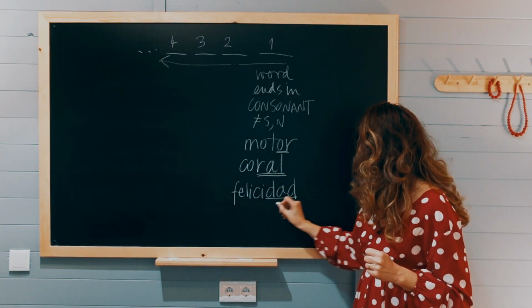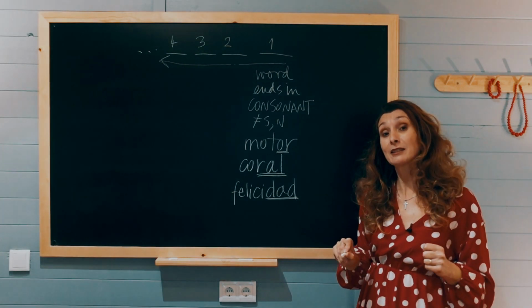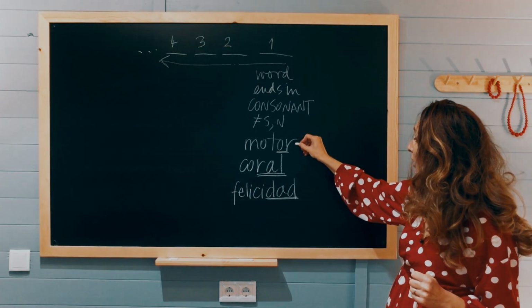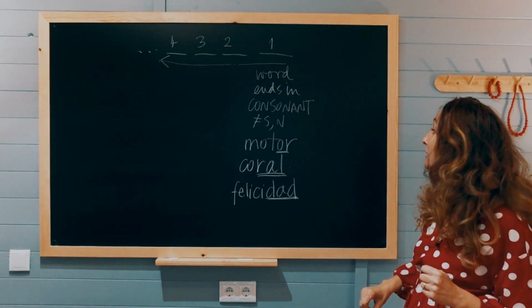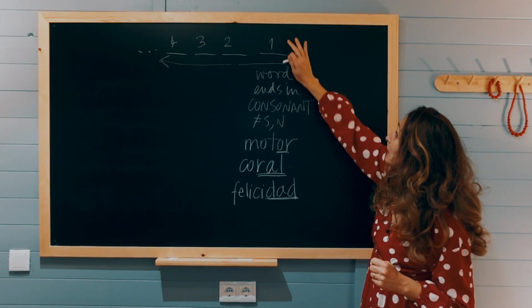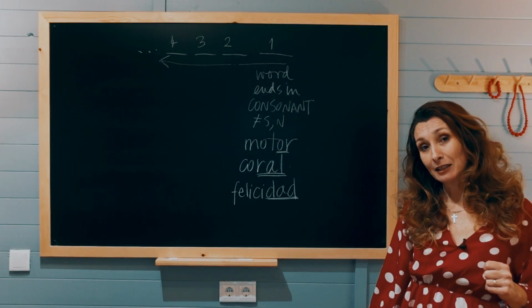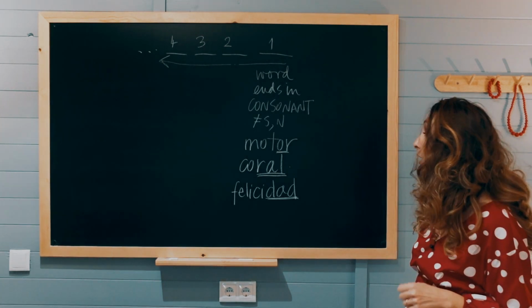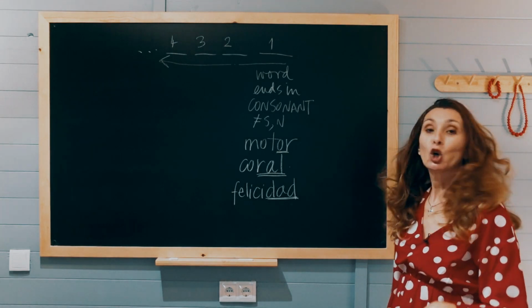Felicidad, again, it's the last syllable that's accentuated. So we have consonants R, L, D at the end, and it's this last syllable that is stronger than all the others, okay?